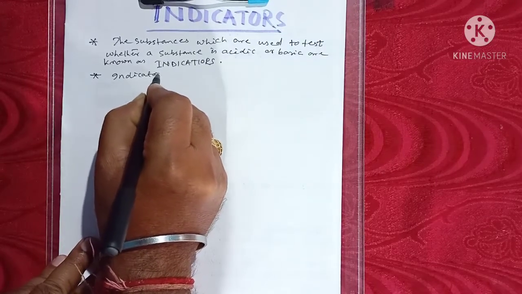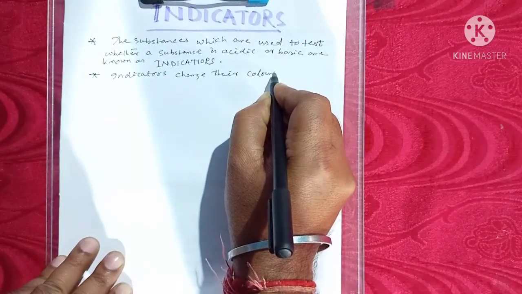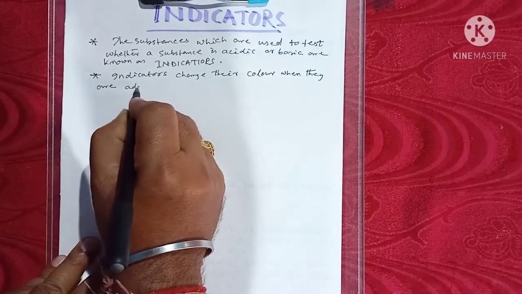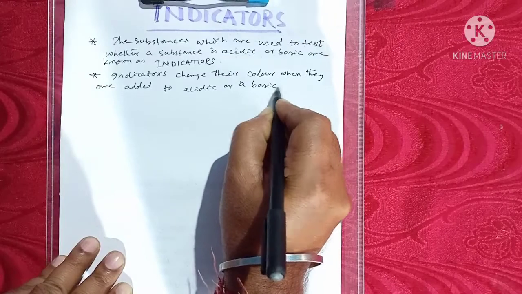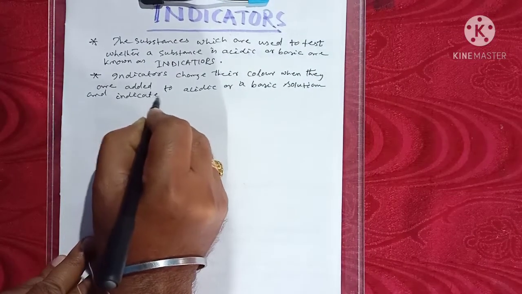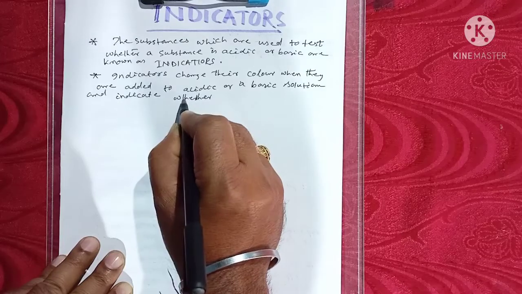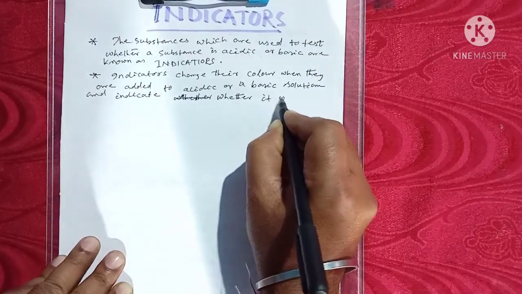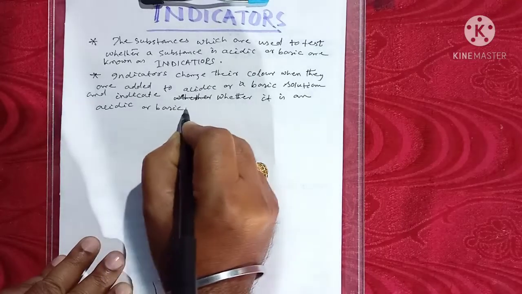Indicators change their color when they are added to acidic or a basic solution and indicate whether it is an acidic or basic solution.